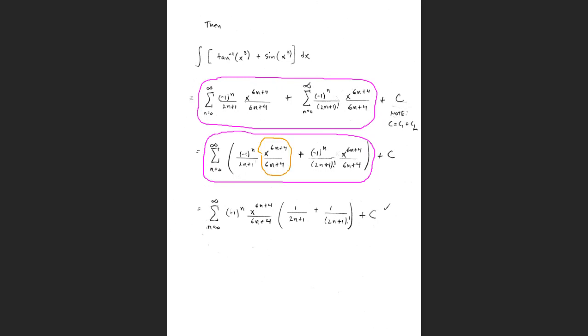Well, we actually have a common factor of -1 to the nth power times x to the 6n plus 4 divided by 6n plus 4. So there's the common factor. And I can rewrite the power series as you see here. It just makes life a little easier if we rewrite the power series in the most simplified form possible.